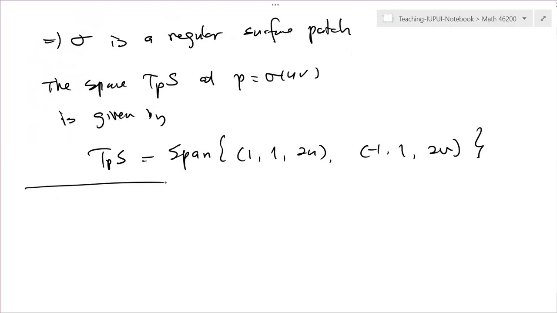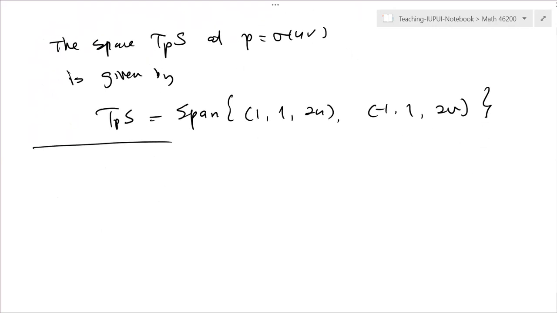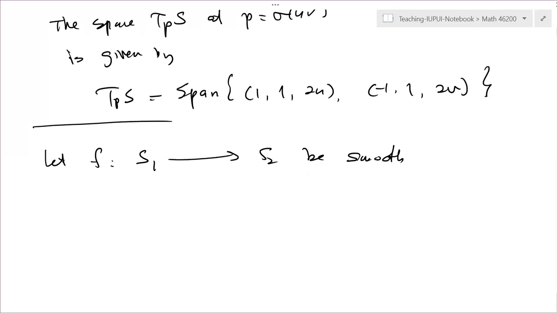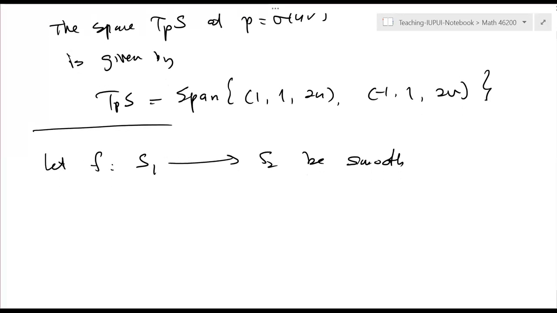Right, in the last few minutes, I'm going to talk about the differential. Let F be a smooth map, okay? Then take a point P here, and then have a point Q, Q is F of P, all right?